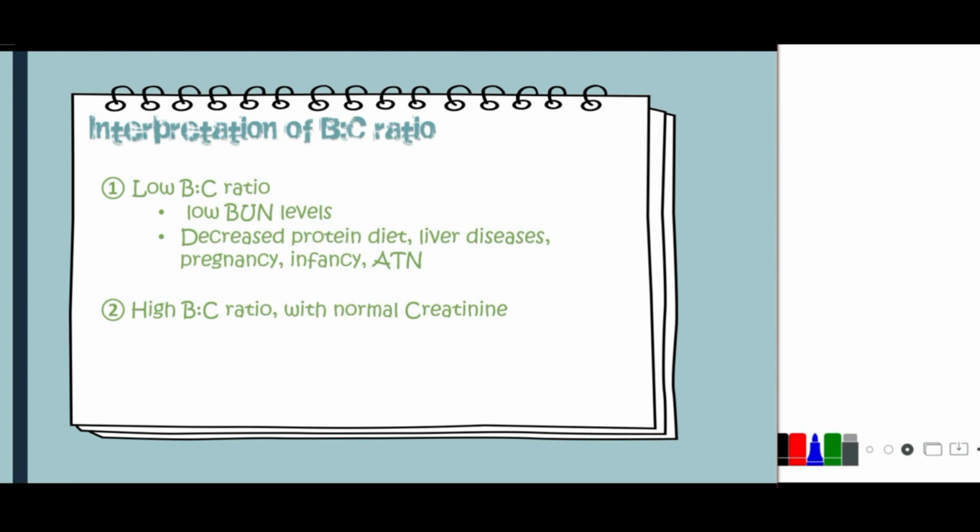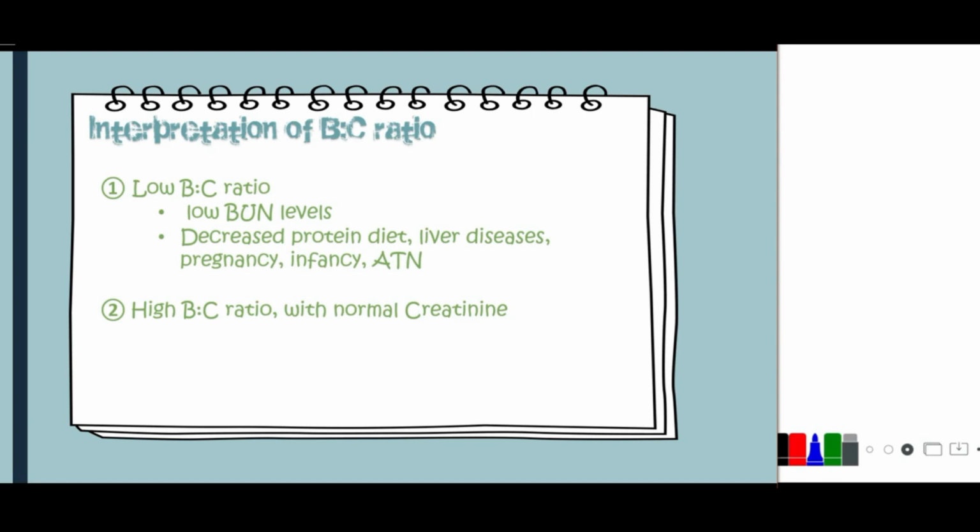The second result with your BC ratio is a high BC ratio but normal yung creatinine. So of course, the high BC ratio here is primarily because of an increase in the BUN level. But take note ha, normal pa yung creatinine.